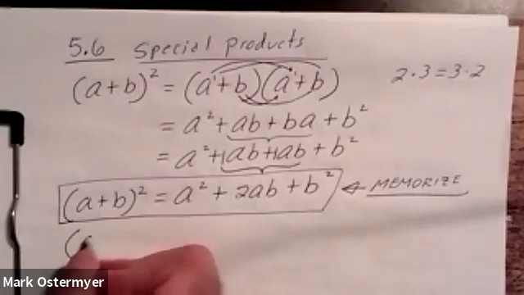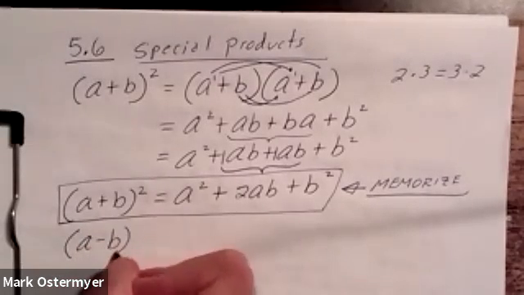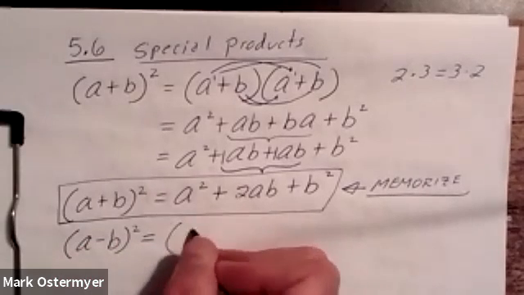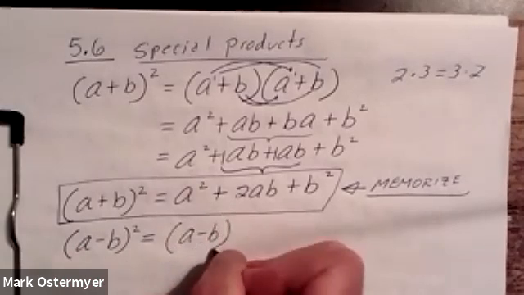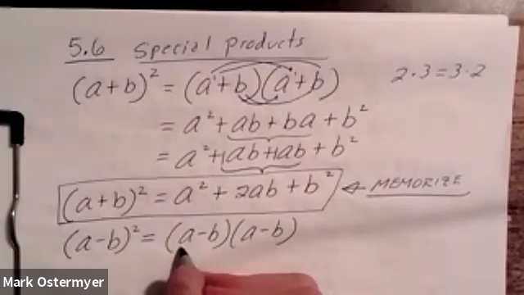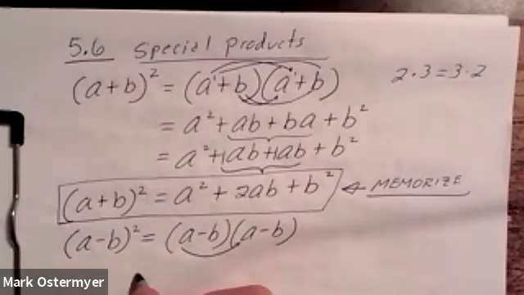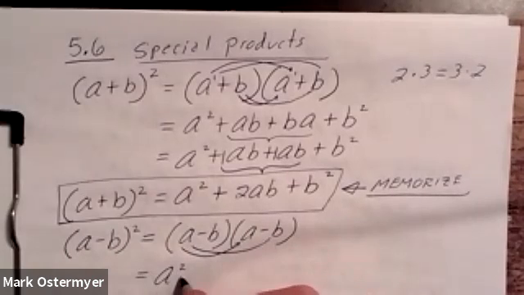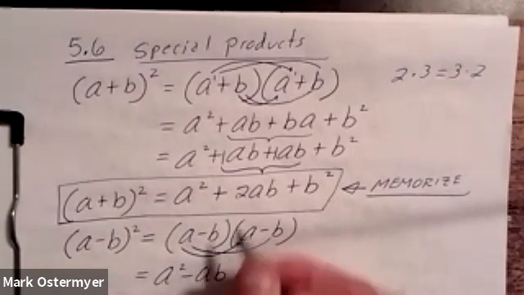Now, if I was to take a minus b and square it, this would be saying to take a minus b and multiply it by itself. And again, if we want to drag this out the long way, we would FOIL this out. So a times a is a squared. A multiplied by negative b is minus ab.